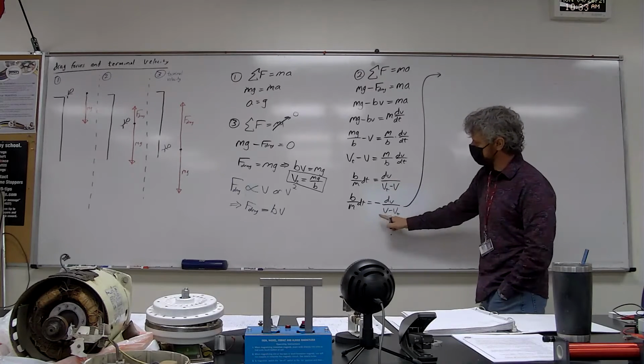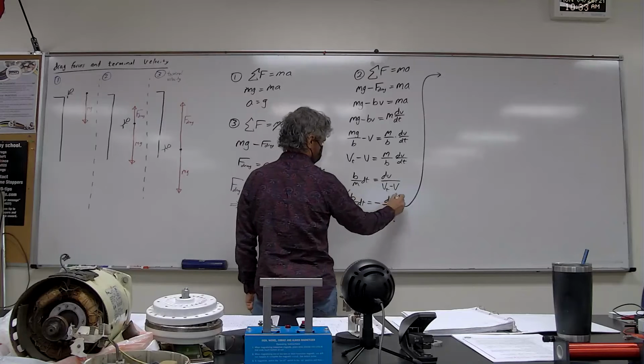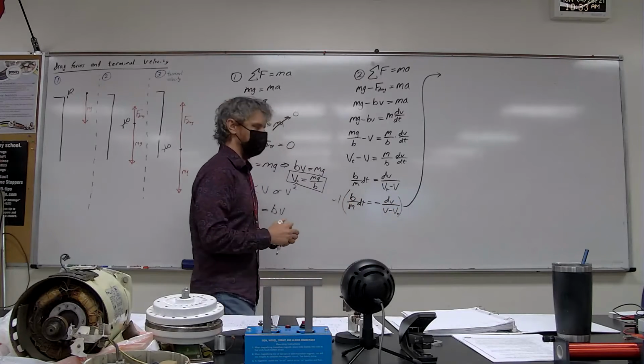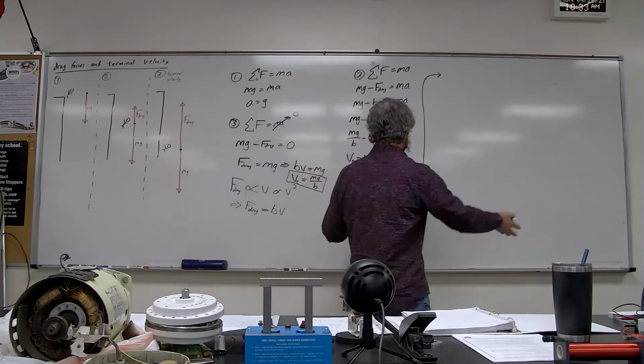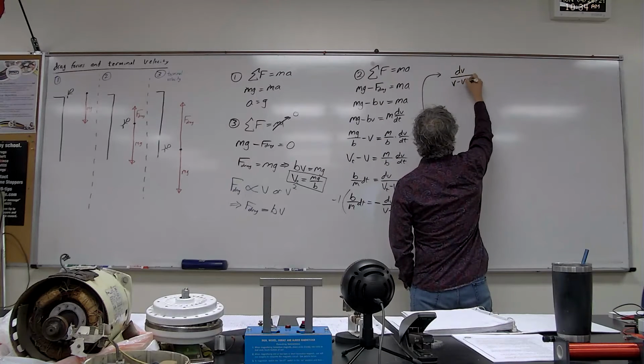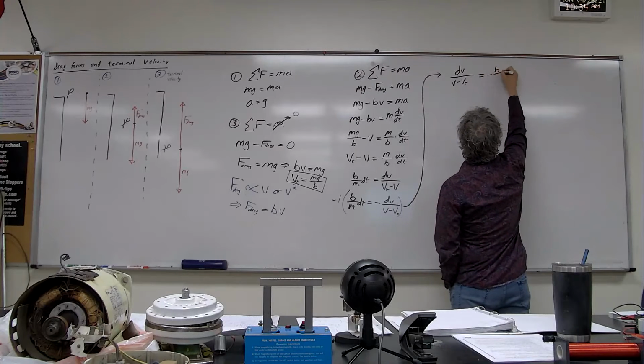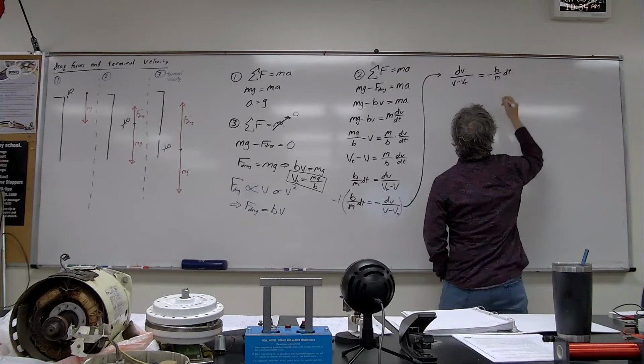So I'm going to multiply both sides by negative 1, or divide both sides by negative 1, whatever you want to call it. And I'm going to flip it too, so I'm going to have dv over v minus terminal velocity equals negative b over m times dt.